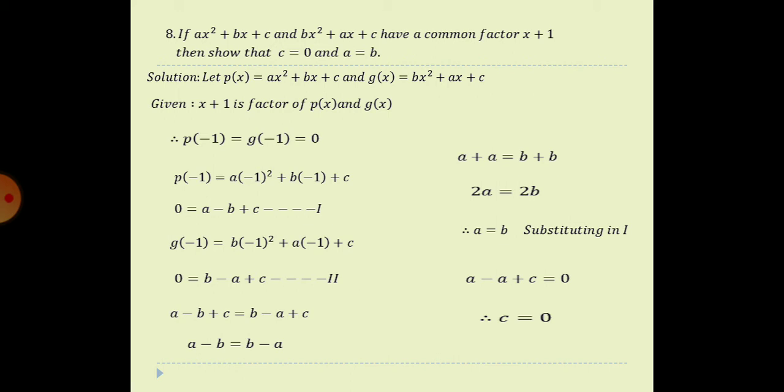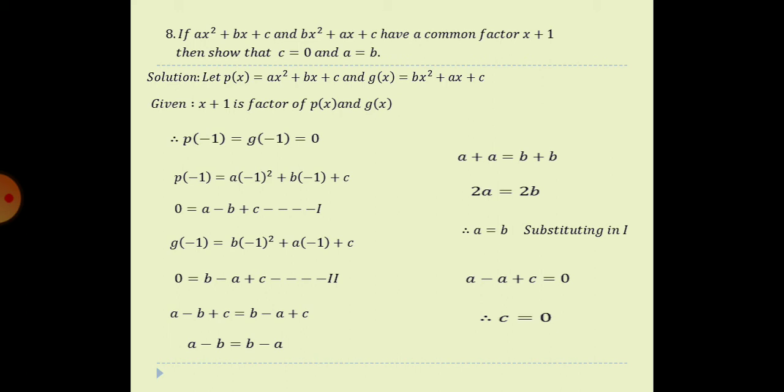Let us substitute minus 1 in both the polynomials one by one. So, first substituting in p(x), that is p of minus 1 is a minus b plus c. Because it is given x plus 1 is a factor, definitely p of minus 1 is 0. So a minus b plus c is 0. Now let us find g of minus 1, which gives b minus a plus c is 0.